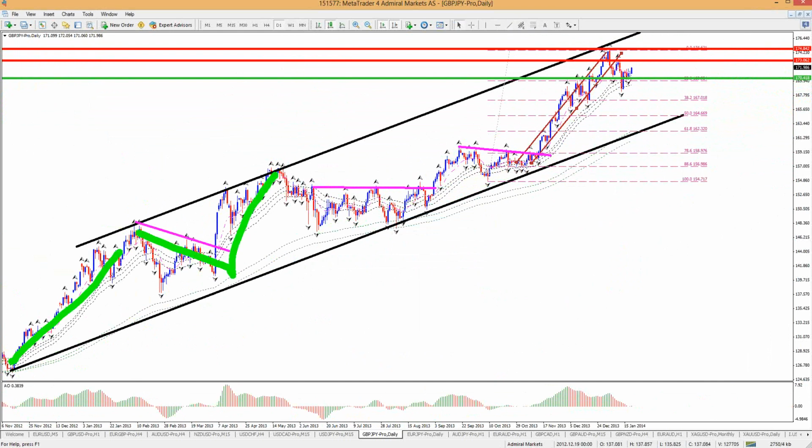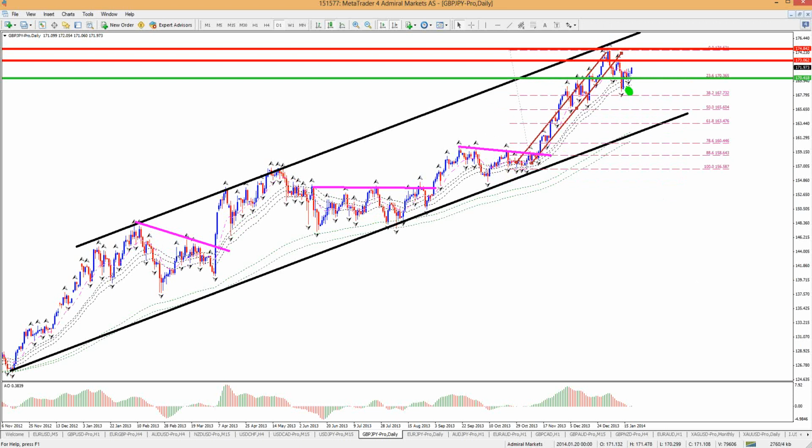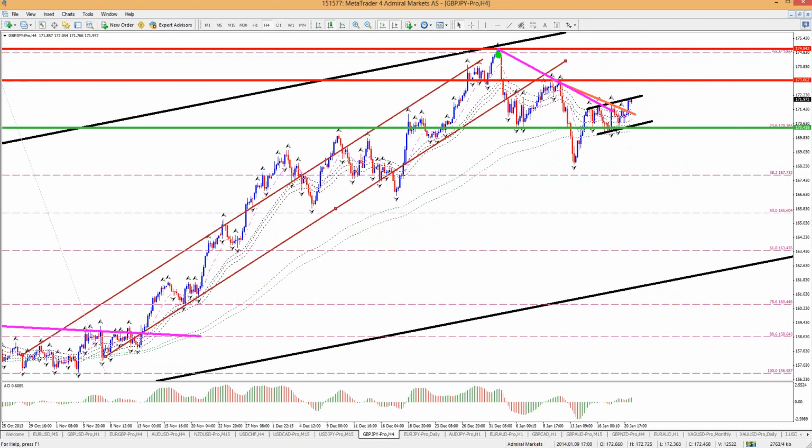Impulse, correction, impulse, correction, impulse, correction, impulse. So now we're back maybe in the correction part, but that correction could be finished because we were very close to the 38.2, in fact, right here. You can see that could be a 38.2 bounce. This could have been a correction just for more upside.